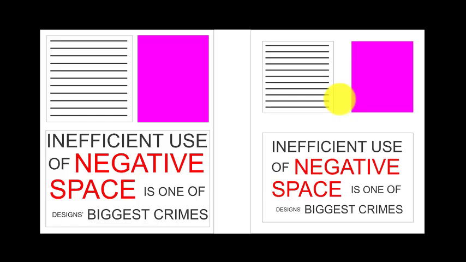If you look at these two contents here, very similar, but I can tell you that one is more professional than the other. This one at the left hand side, you can see there's poor use or inefficient use of negative space there. No space to separate content from content. You can see then at the right hand side, I have a well spaced content. If you look at this text here, the text is very close to the border and there is no space around here, and this is wrong.